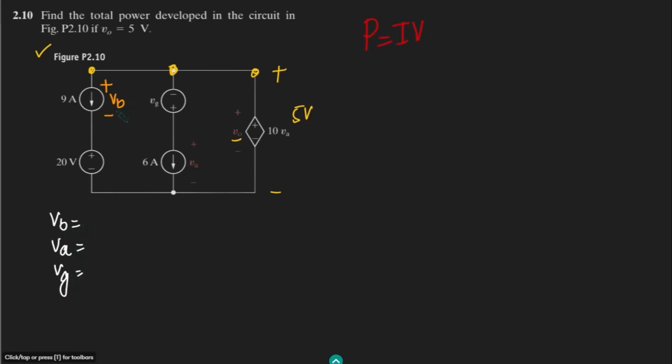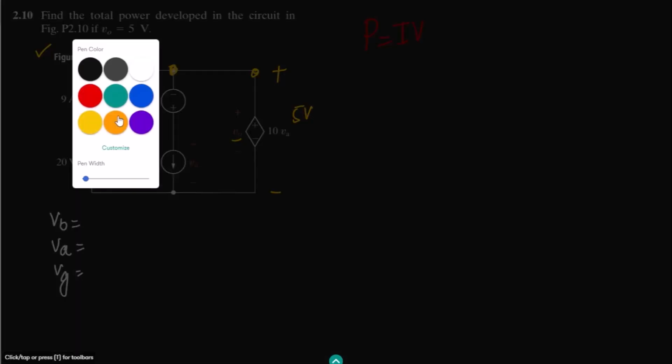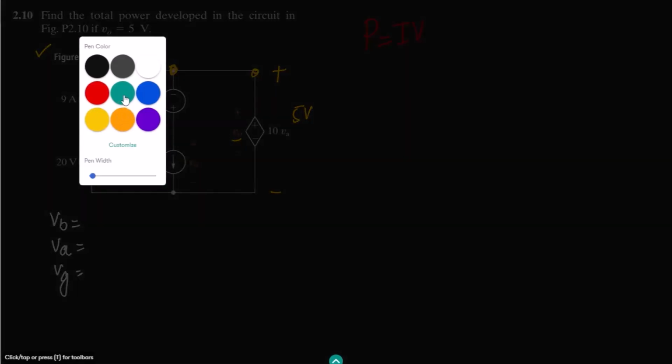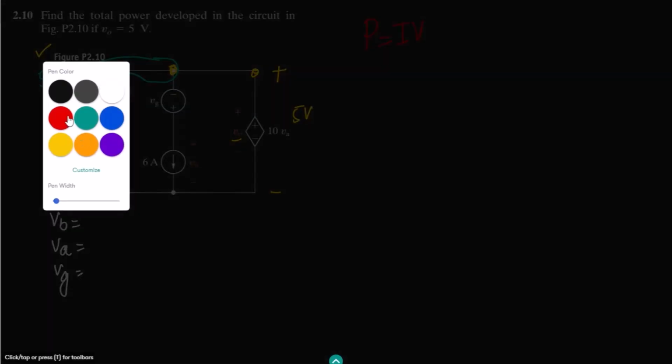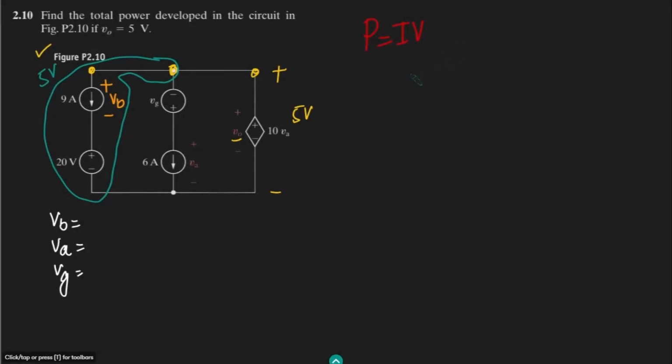In order to find the value of VB, we have to apply KVL, Kirchhoff's voltage law, in this branch. We know the total voltage here is 5 volts. So it will be VB plus 20 is equal to 5.